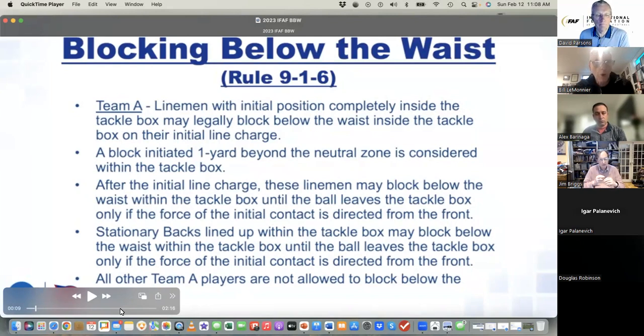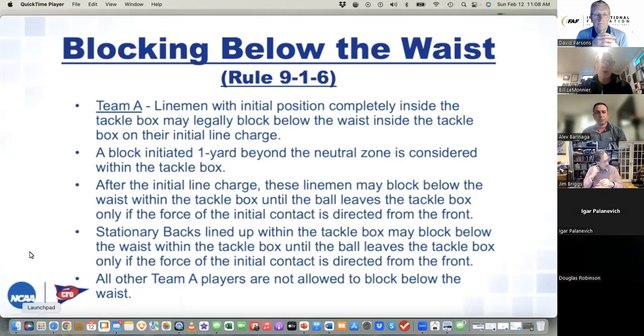But if that's one continuous movement as they start forward to block the opponent across from them, that's part of the initial line charge. When they drop back into pass-type protection, that's not the initial line charge, but they can still block below the waist as long as they keep that block 10 o'clock to 2 o'clock and in front of them.